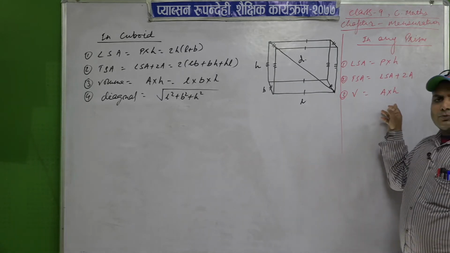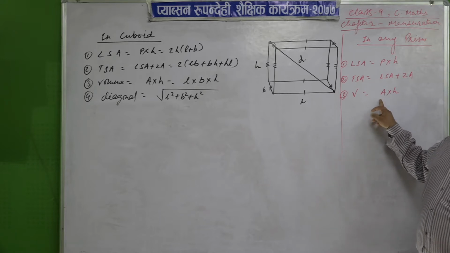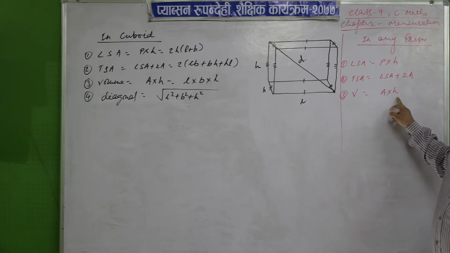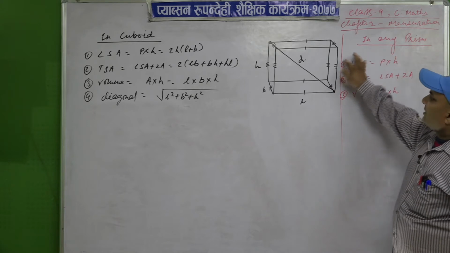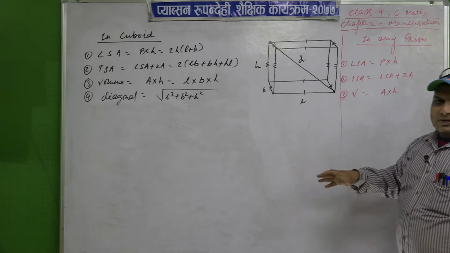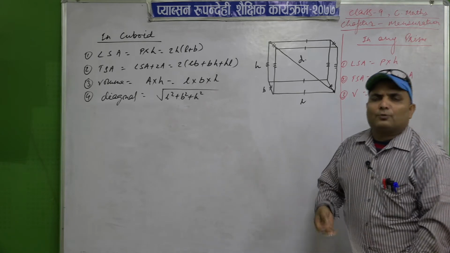Similarly, volume: if we multiply the area of base, A, with the height of the prism, then we will get the volume of the prism. So this is the main relation we should know in the prism, and with the help of these three relations we will find the differences for different prisms.